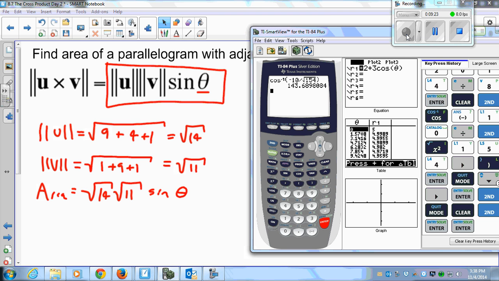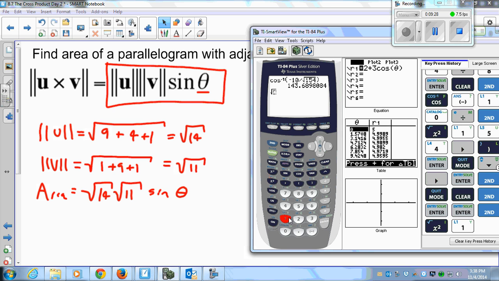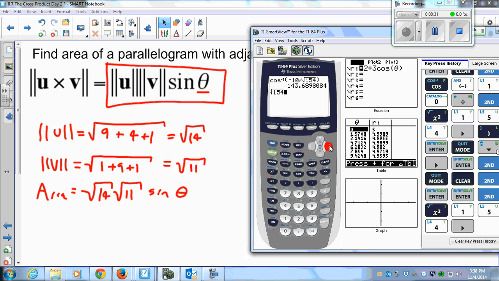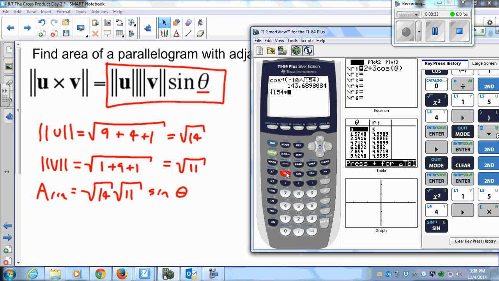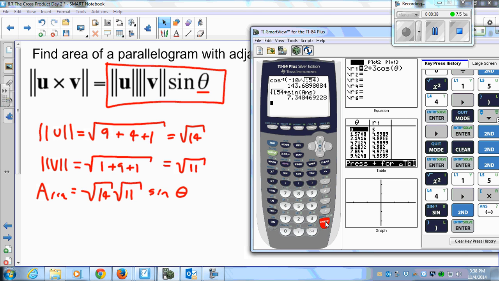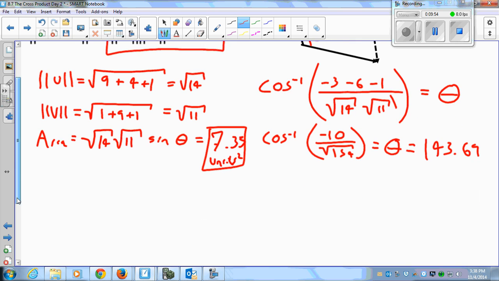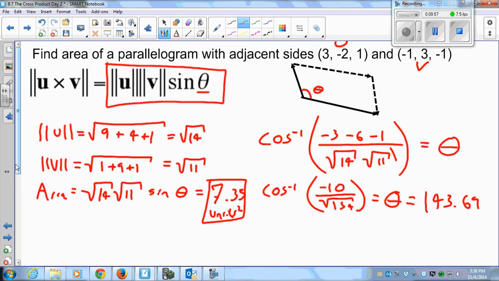So I have the square root of 154 times the sine of my last answer, and I get my area is equal to 7.35, some kind of units squared, because it's area. We don't know what we are talking about with these vectors, if we're in feet, inches, miles, or what have you. So let's go ahead and verify that these equations will give you similar answers.